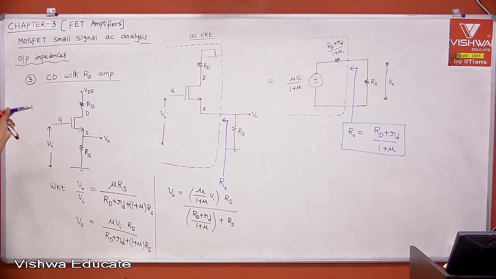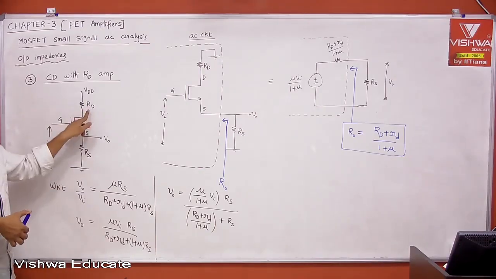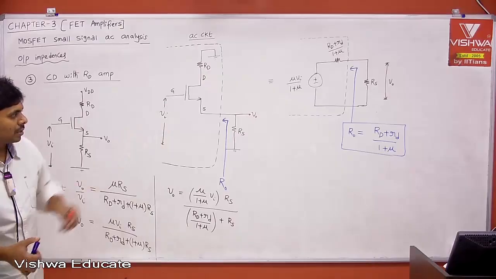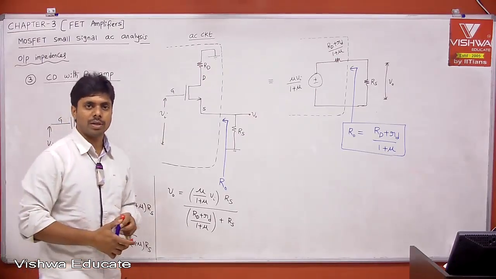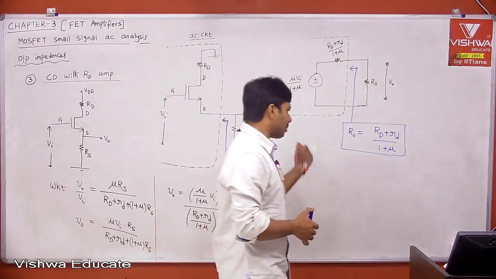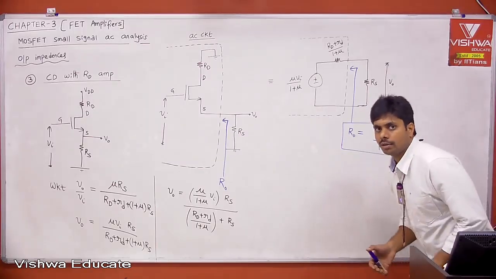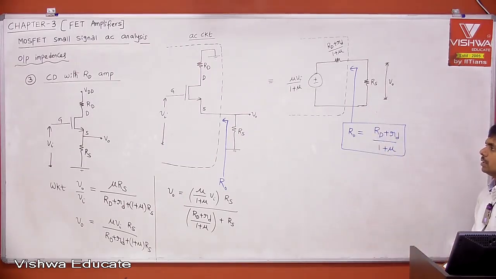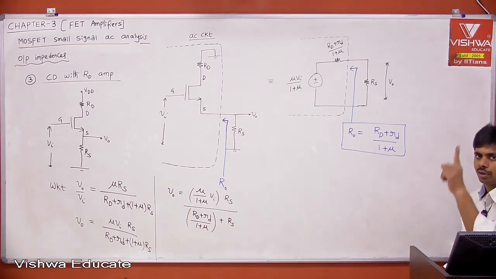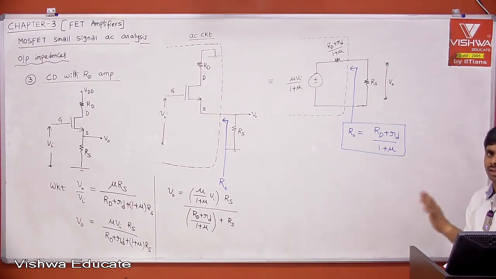Then the fourth one, the CD amplifier. Then you take capital RD is equal to 0. That is your output impedance. Okay. After completion of this, you try to write the fourth one also on your own, and we will see the observation part. With this, I can say all 4 configurations, voltage gains as well as output impedances, are over except one configuration, that is the common gate amplifier, which we will see after this.